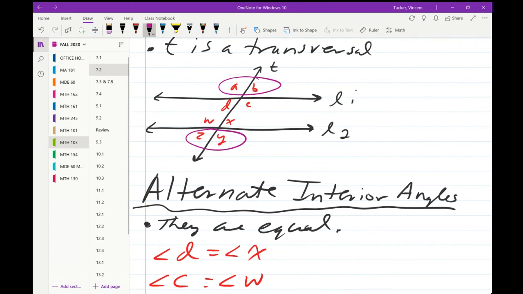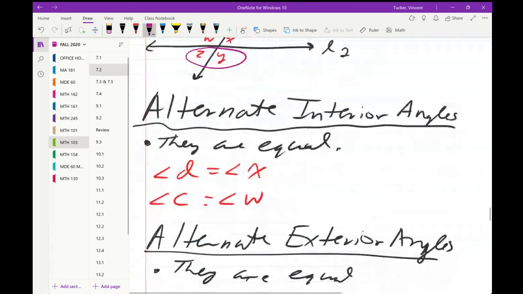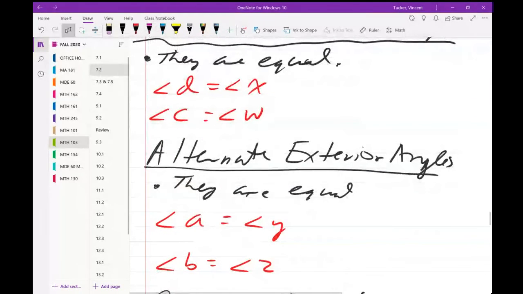And now we're looking at the outside angles, A, B, Z, and Y. So A and Y will be equal to each other and B and Z will be equal. Once again, alternate sides of the transversal and exterior, on the outside of your parallel lines.